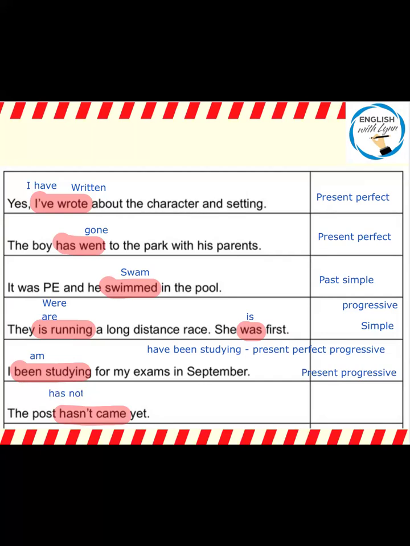And if you have the has there, you can't say has came. You need to have your verb form correct, okay? So you would need to use the word come there. The post has not come yet. And that is the present perfect, okay?